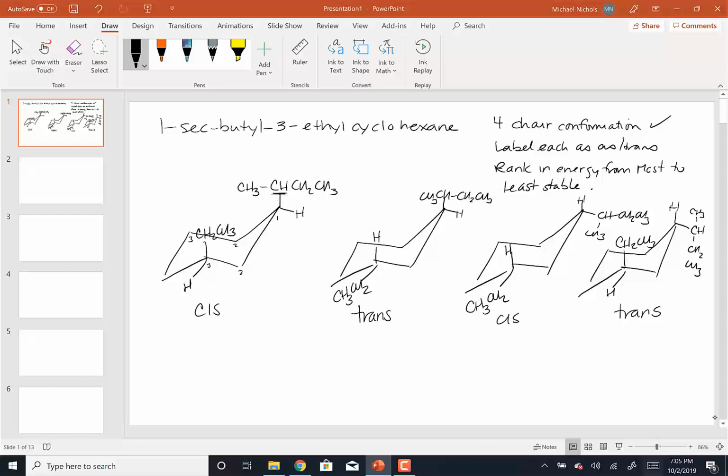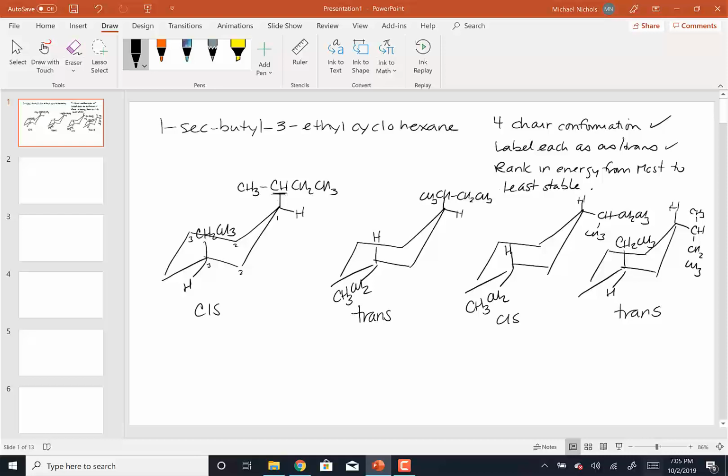Okay, so it doesn't matter whether the groups are axial or equatorial. That's not the way you determine cis or trans. You determine cis or trans based on whether the two groups are above or below. And so in this case, we've now labeled each one as cis or trans. Okay, so the next and final step is energies.